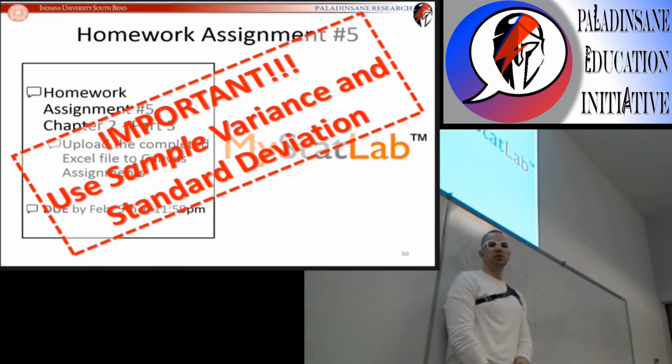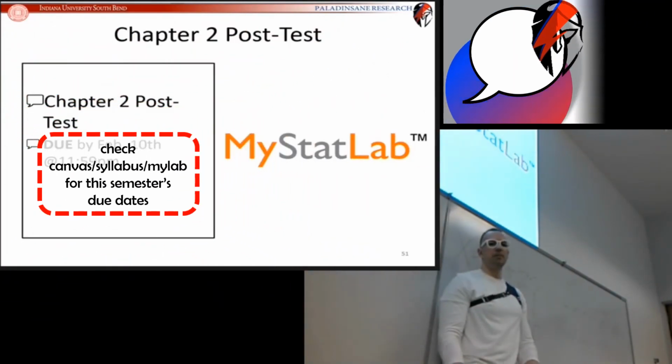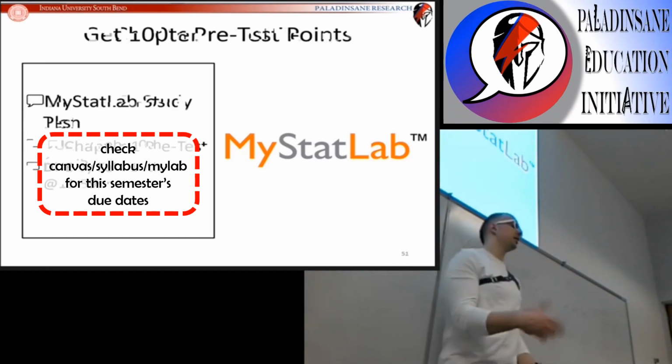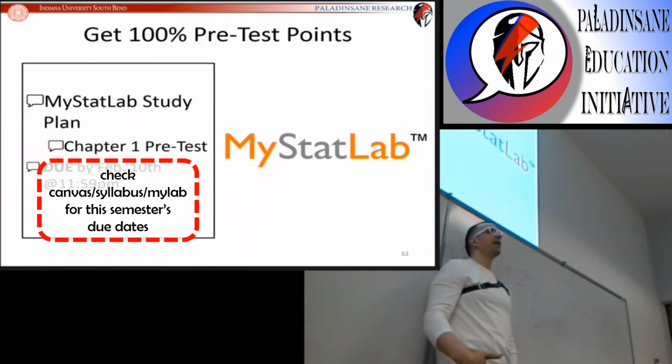Post-test coming up, so Chapter 2 post-test, that is due by February 10th by midnight. And then also, if you are taking advantage of the MyStatLab study plan, if you're earning mastery points to substitute in for your pre-test scores, the deadline to earn those mastery points is midnight before the day of the exam.